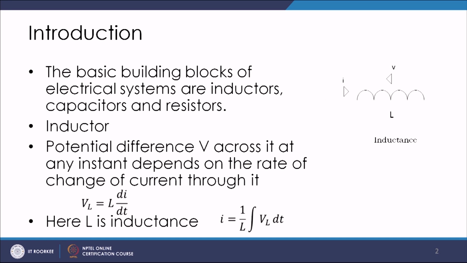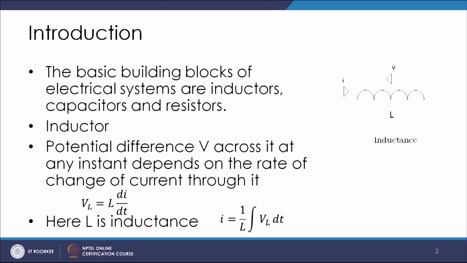From this expression we can find the current going through it at any instant, and that is 1 by L integral of VL dt. This is how we define the inductor characteristic.